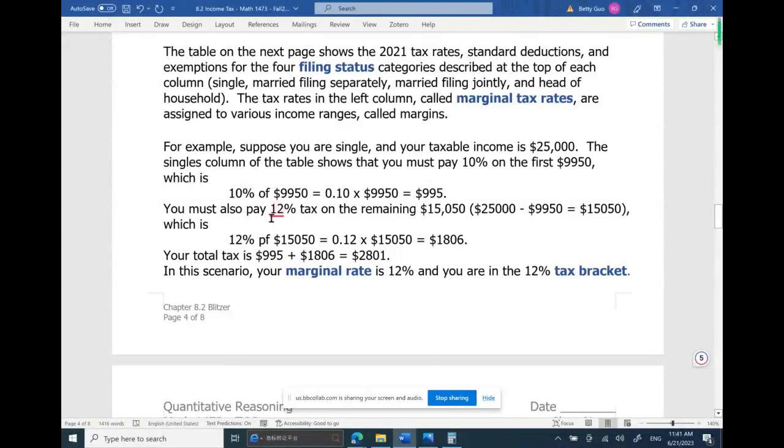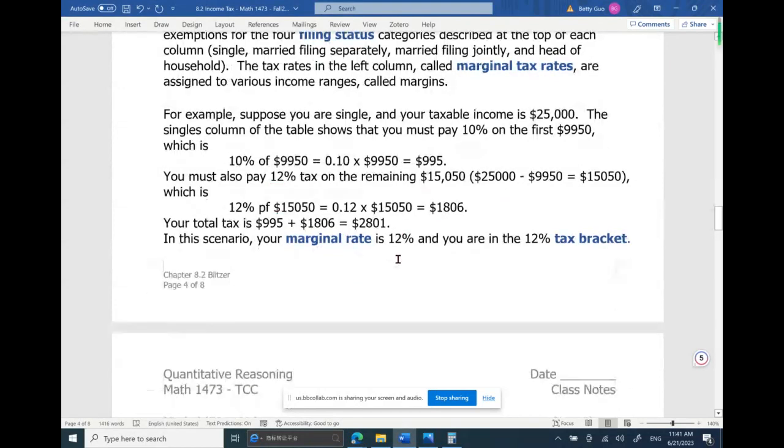And you must pay 12% on the remaining $15,050, which is $1,806. We're going to talk about how to apply the marginal tax rates on your taxable income in detail through examples, okay?